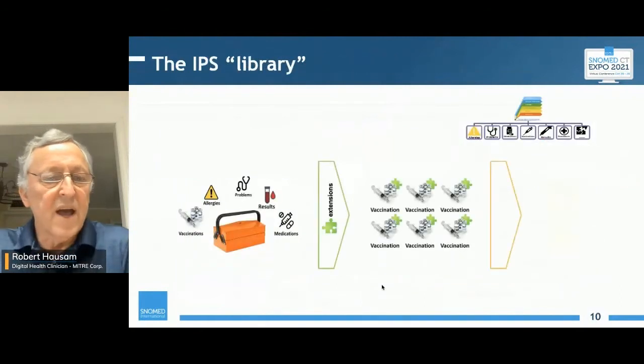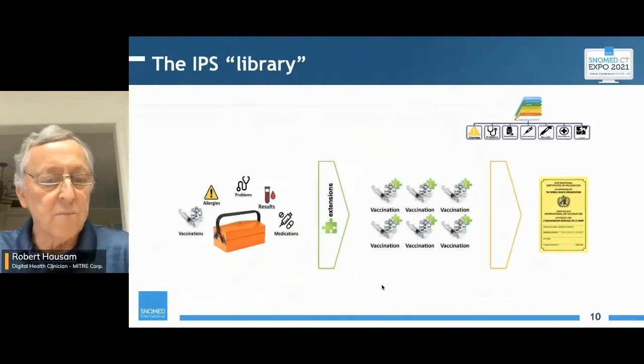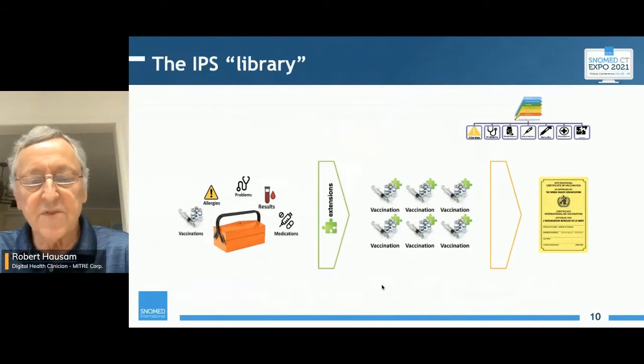An example of the use of the library would be, as I mentioned, vaccination data, which may be very important, particularly in the times we are in right now. So we add some extensions dealing with specific characteristics of the vaccinations and multiple vaccinations that have been received, and then that data could be used to create the WHO yellow card or its equivalent.